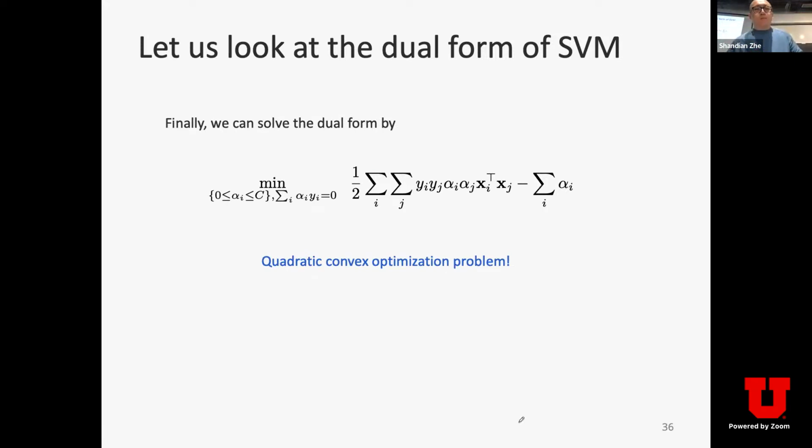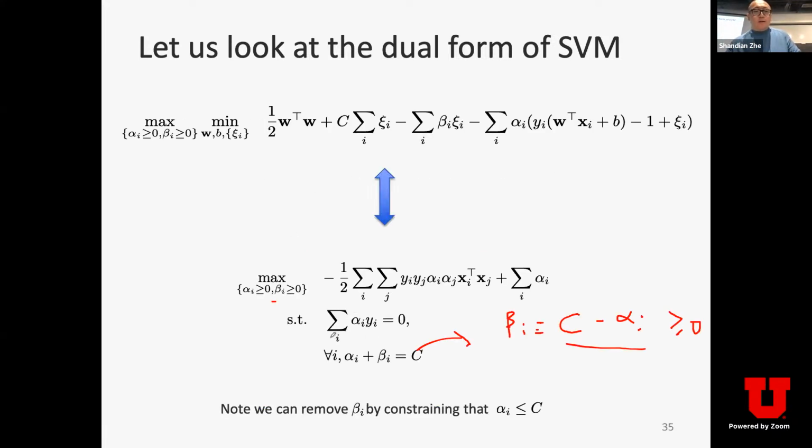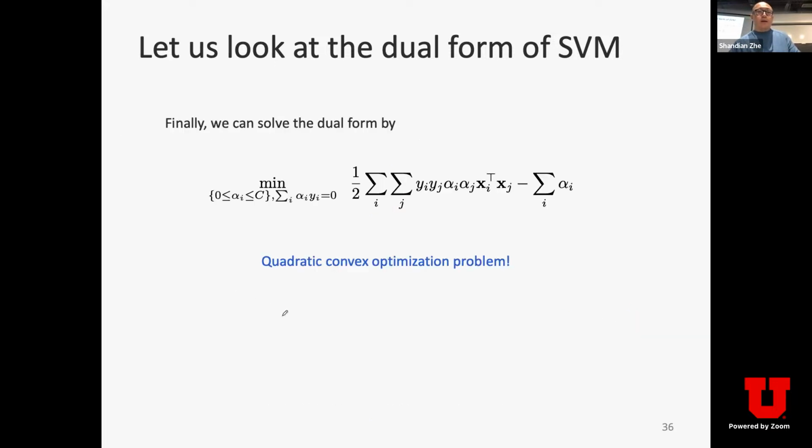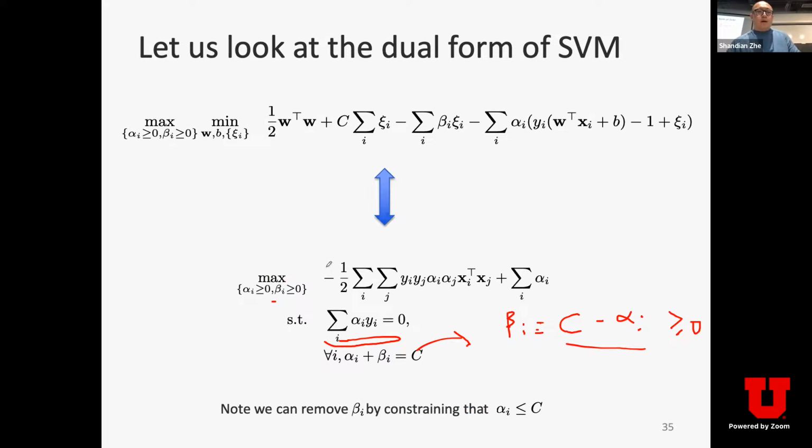So then we can further simplify our dual problem by only optimizing alpha i. From here, we know that first, you must satisfy a linear constraint: the summation of all alpha i y i's is 0. Second, each alpha i must be no less than 0 and less than or equal to C. And third, the maximization problem can be made equivalent to a minimization problem as long as you put a negative sign in front of the objective.